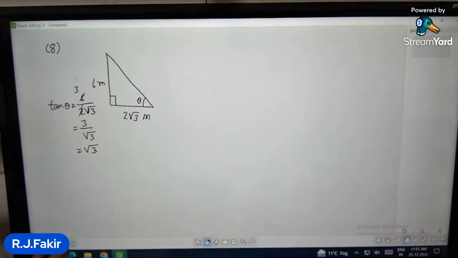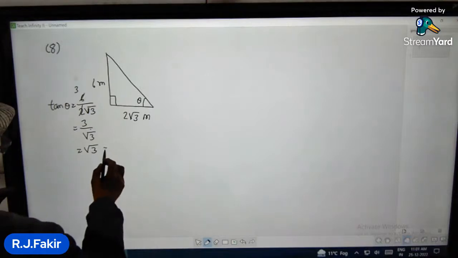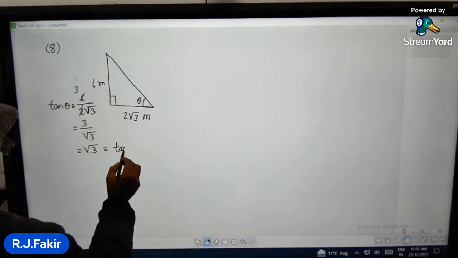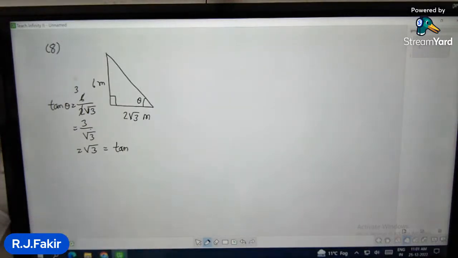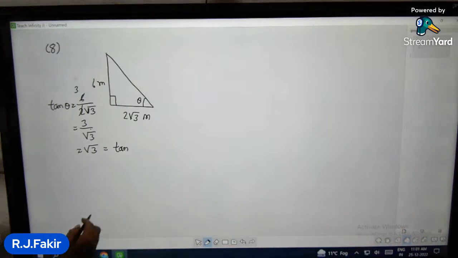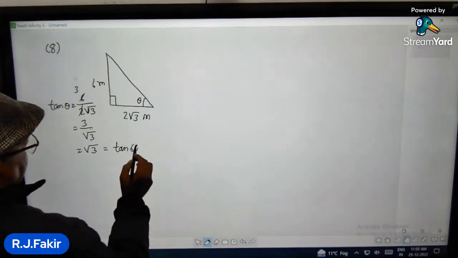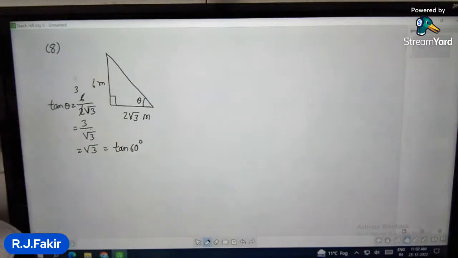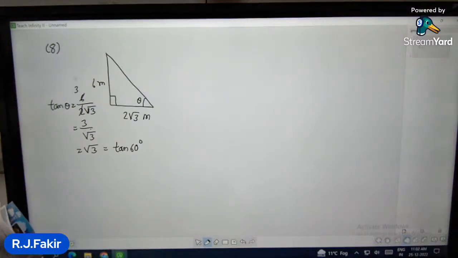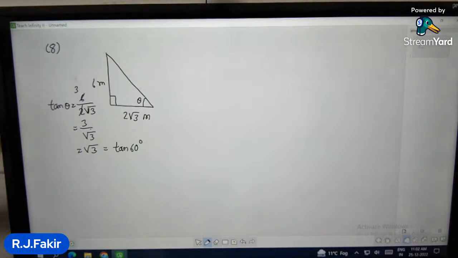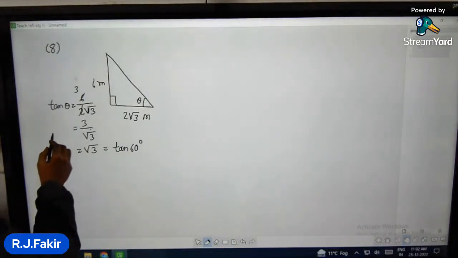And this value corresponds to tan of 60 degree. So the angle of elevation for the sun is 60 degree. And which option is correct? Option A is correct for this.